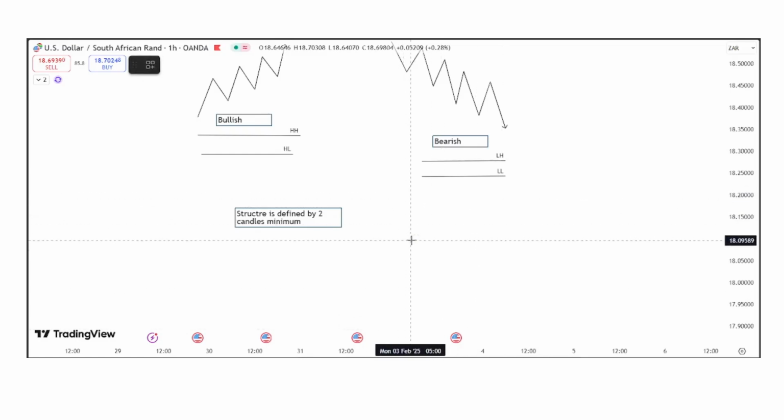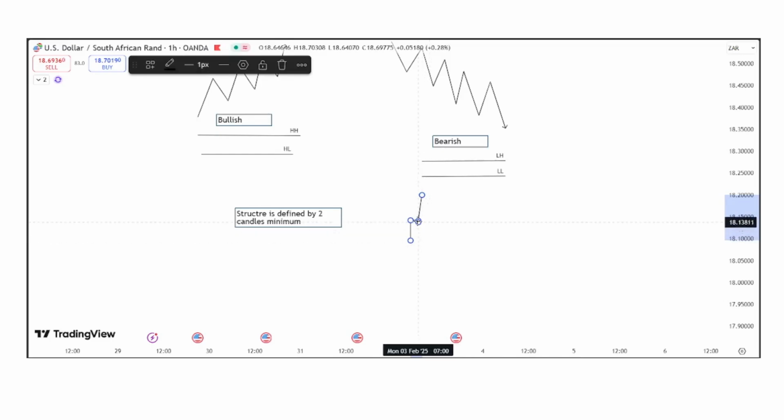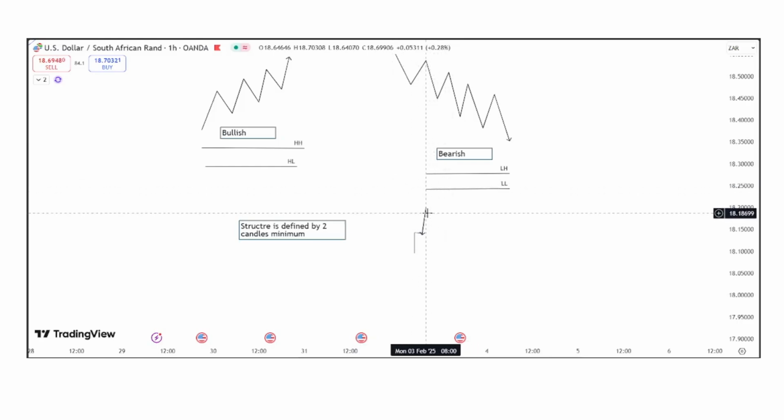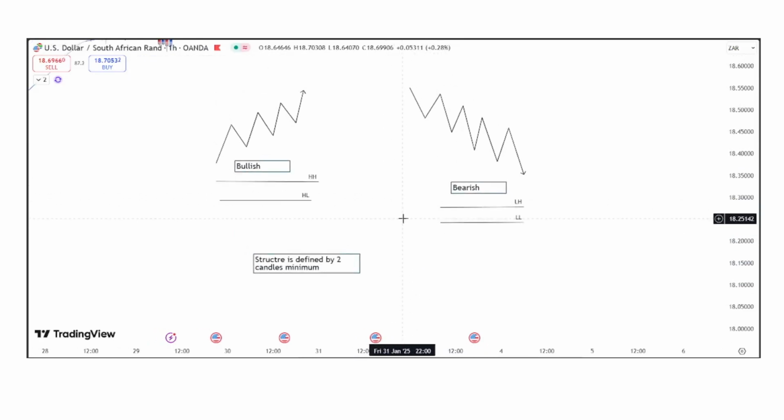But if it is one candle pushing up and then you have another one in the center, for instance, these are really ugly drawings, and then you have another one down there, that I would obviously consider a 3-point structure.